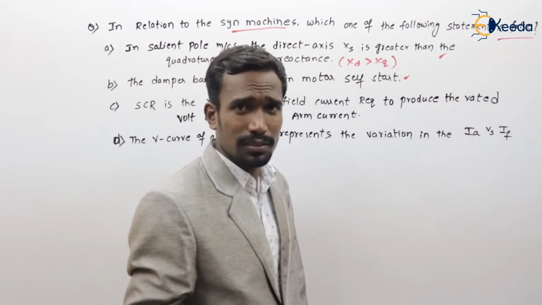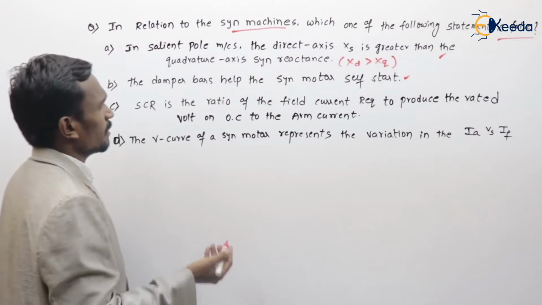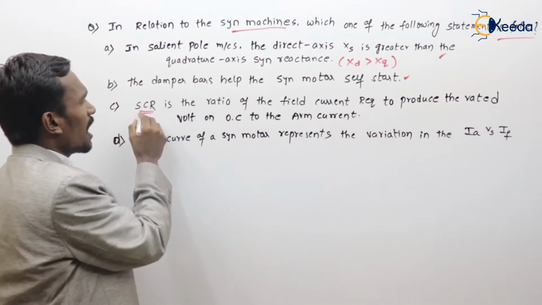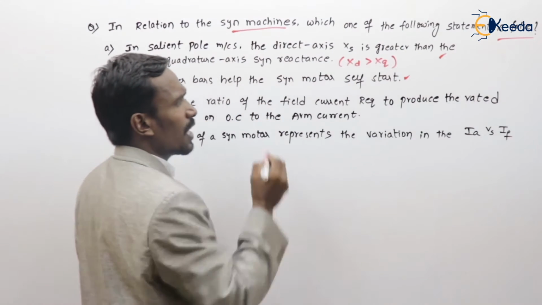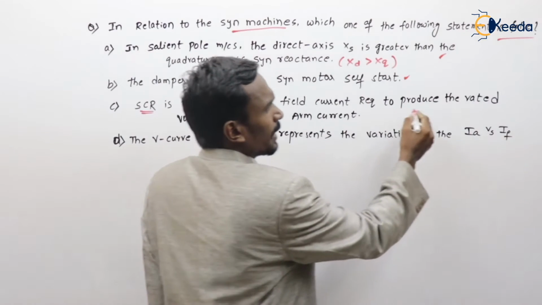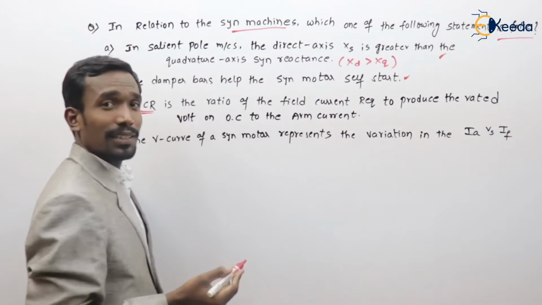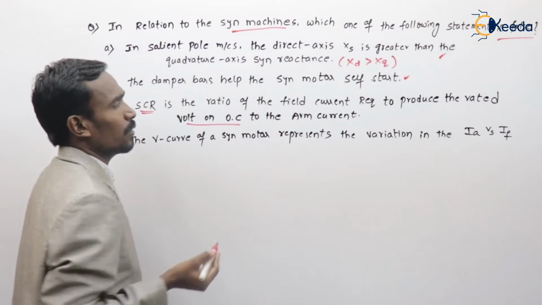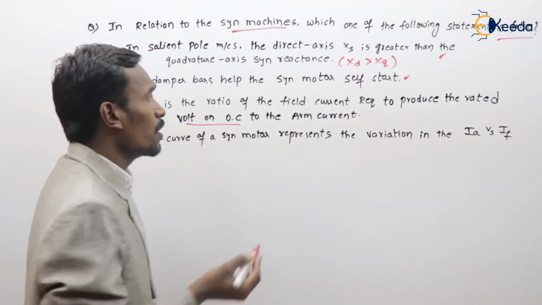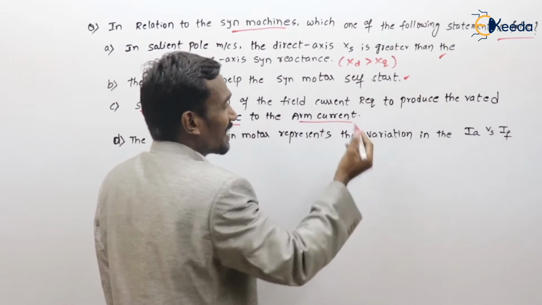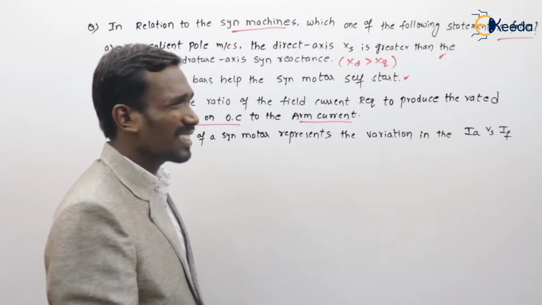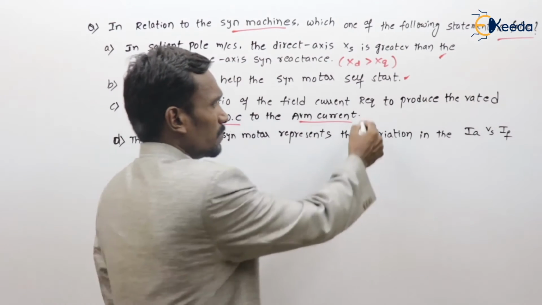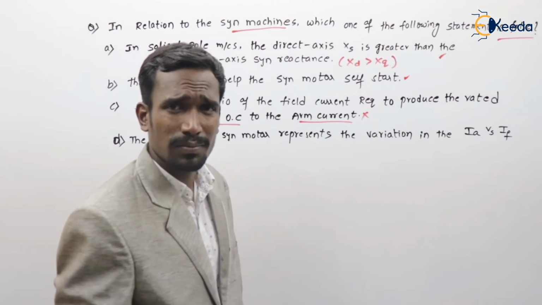Both are right answers. Third one, SCR, short circuit ratio. Short circuit ratio is the ratio of the field current required to produce the rated voltage on open circuit to the armature current. Is it correct? This is a wrong answer.